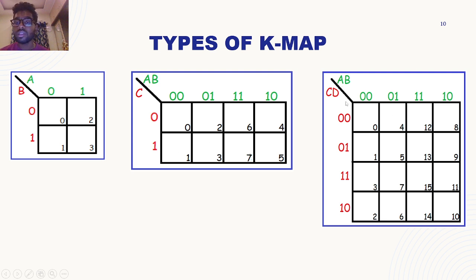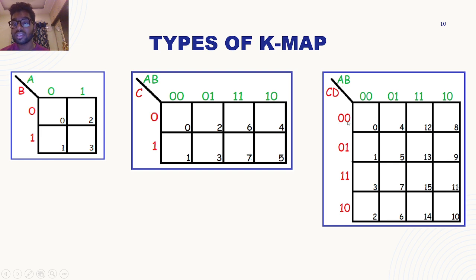Similarly, this is a 4 variable K-map which has 16 cells, 4 by 4. Here you can see the variables are A, B, C and D, and the values above and in front of the rows represent the values that can be entered inside the cells.